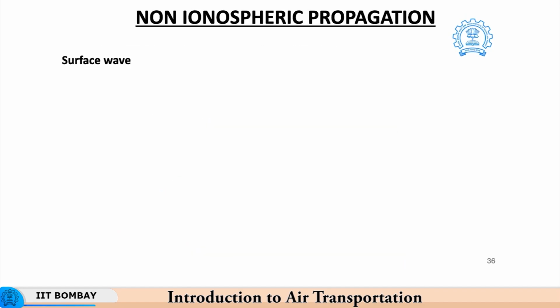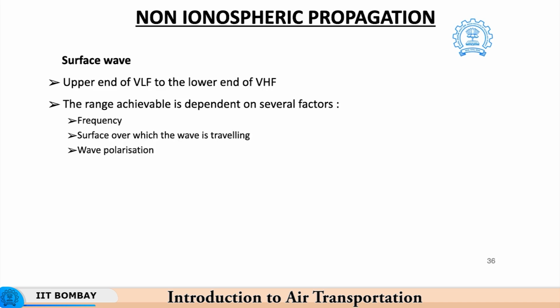Now, the surface waves are associated with signals that correspond to the upper end of very low frequency up to the lower end of very high frequency signals. The range achievable with this type of propagation path is dependent on a number of parameters. These parameters include the frequency of operation, the surface over which the wave is traveling, and the wave polarization.